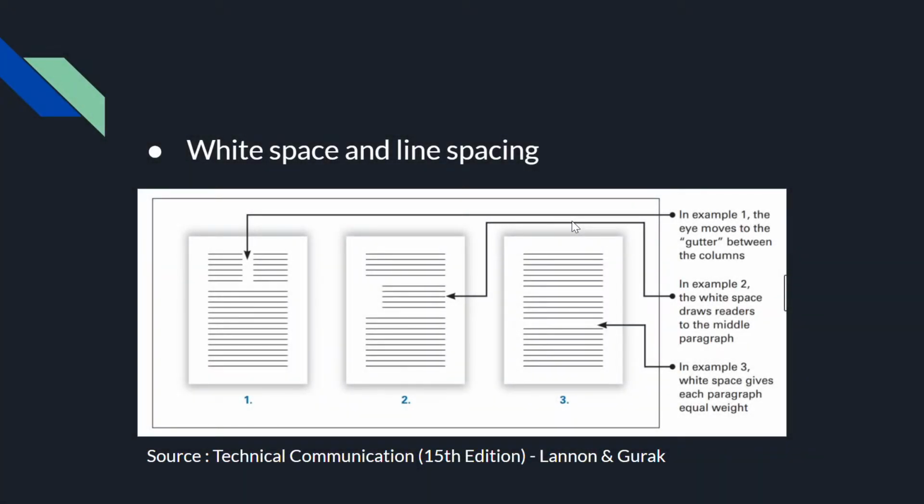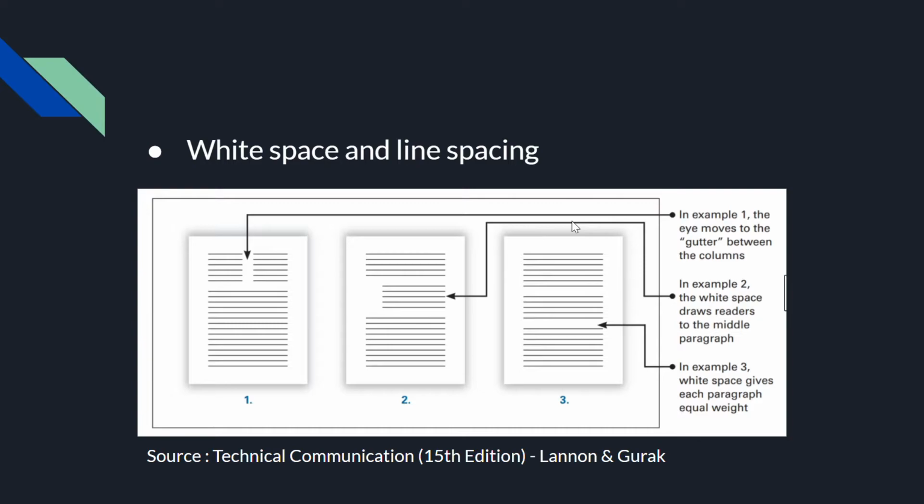White spacing and line spacing. These are very important because they help the document be easier to follow. They make the document have a better orientation, especially long documents. In the first example, the white space separates the two columns so it is easy to follow.